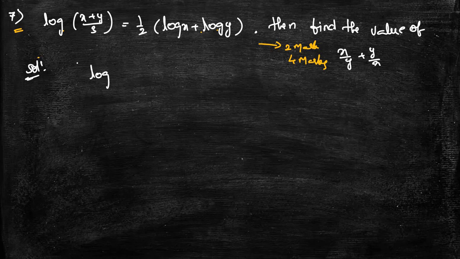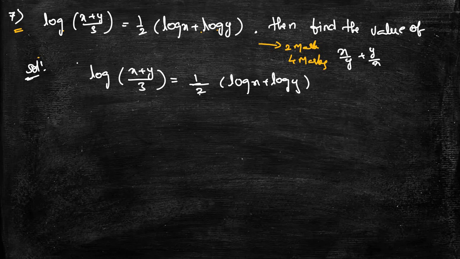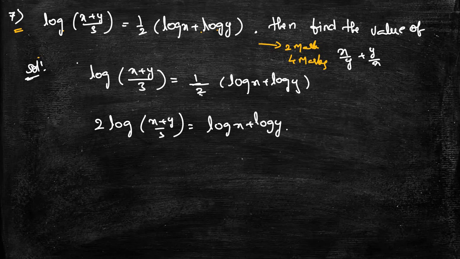So here log of (x plus y) by 3 is equal to 1 by 2 into (log x plus log y) is given here. Okay, now this 1 by 2 I will take, and it will become 2 into log of (x plus y) by 3 is equal to log x plus log y. Now I will bring this 2 into the square form. So log of ((x plus y) by 3) whole square is equal to log of x into y.